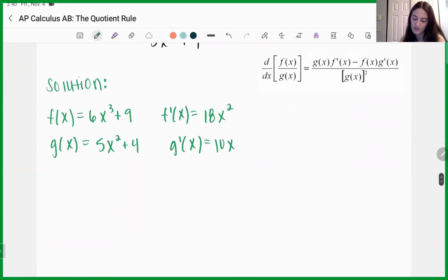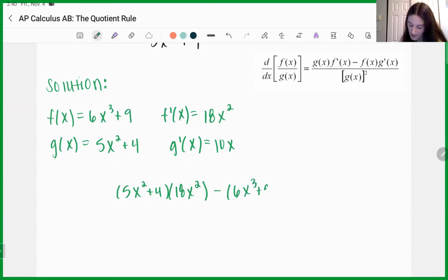And now all we have to do is plug those into this formula. First we write g of x, that's 5x squared plus 4. Then we multiply that by f prime, which is 18x squared. Then we put a minus. Then we write f of x, which is 6x cubed plus 9.